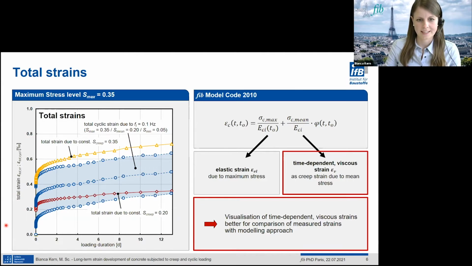For the cyclic test, the strains are shown at maximum stress, subtracting the initial strain. At this point, it must be mentioned that the differences between the viscous curves of S max, S mean, and S min are very small because, as can be seen here, the curves of the total strains have a constant distance to each other.